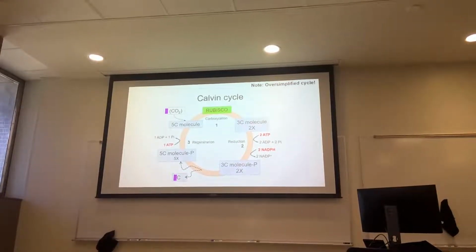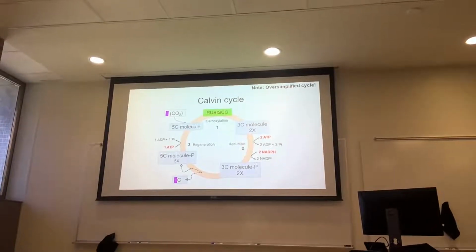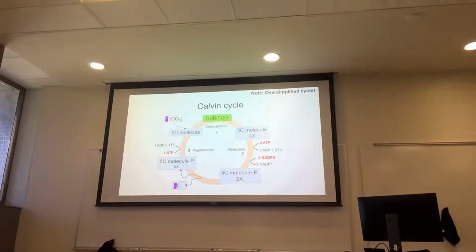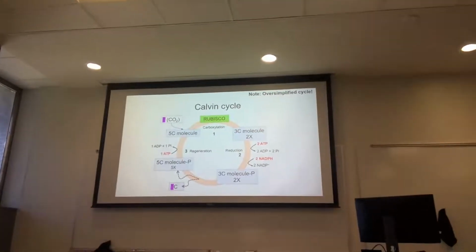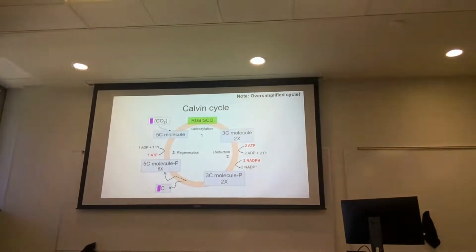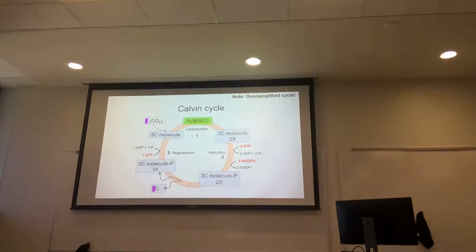Remember, this molecule is recycled. So how many CO2 need to enter the Calvin cycle for a plant to release a 3 carbon sugar? It's 1. No. Justin raised his hand first.